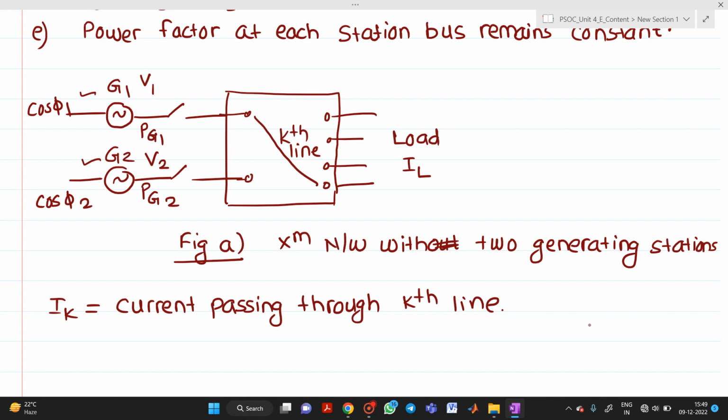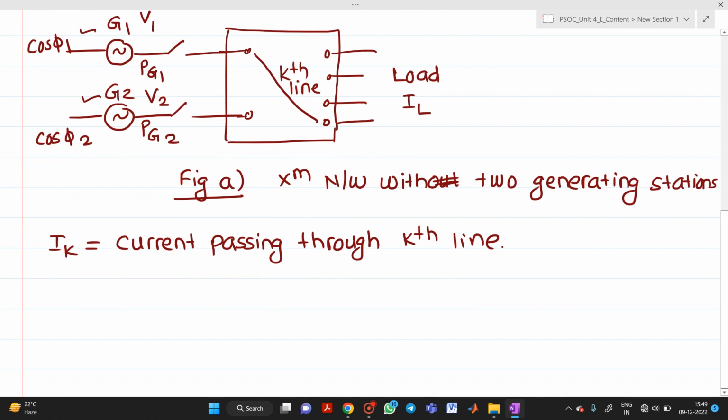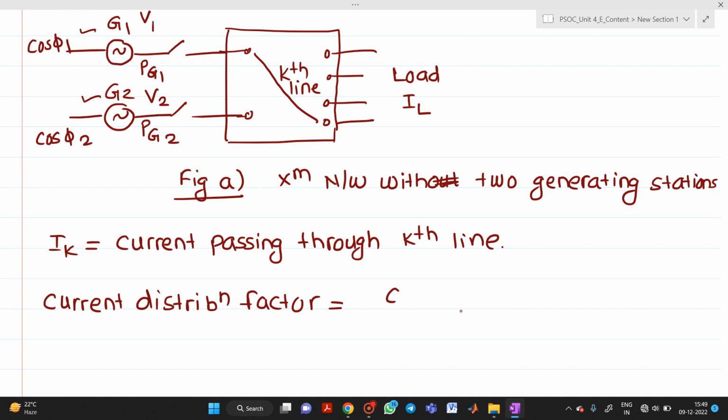Now, there is one important thing called the current distribution factor. Please see it carefully. What is the current distribution factor? The current distribution factor of a transmission line with respect to a power source is the ratio of the current it would carry.